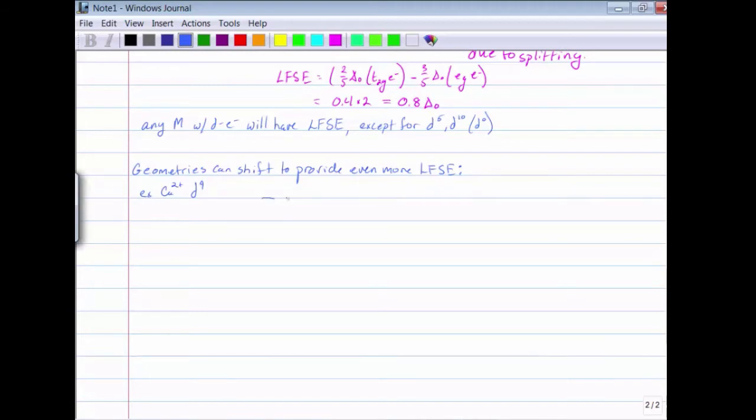Practice. Okay, so if I have a D9 octahedral complex, I'm going to make my splitting big here because I'm going to show you something. So my D9, high spin and low spin is not relevant here because no matter what this delta is, you would have the same electron configuration. So let me just point out that that's not applicable.